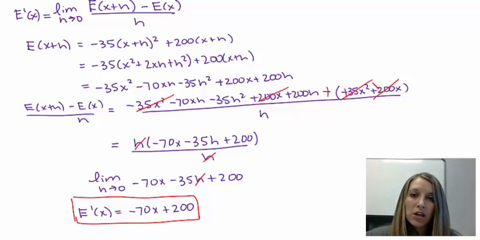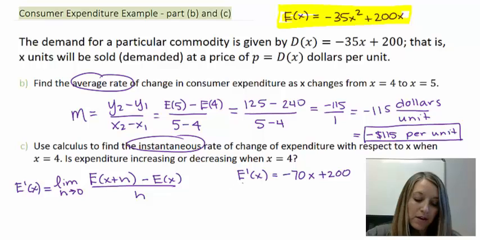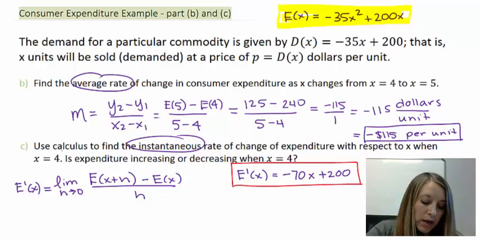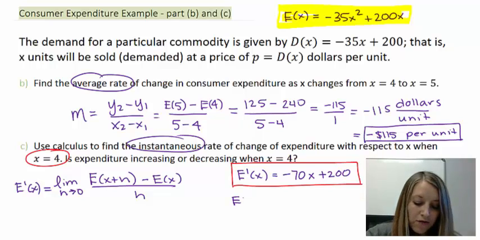Now we're going to go back and use this in our actual application here. So we have E prime of x is equal to negative 70x plus 200. If we want the instantaneous rate of change when x equals 4, all we need to do then is substitute 4 into our equation.